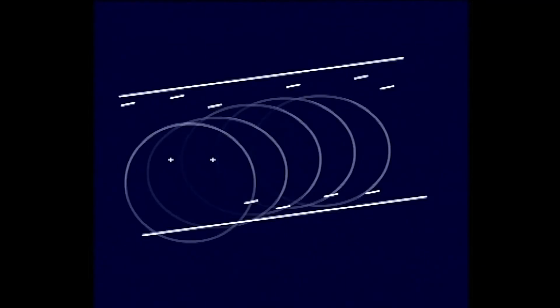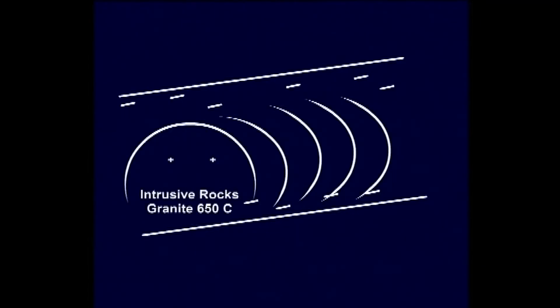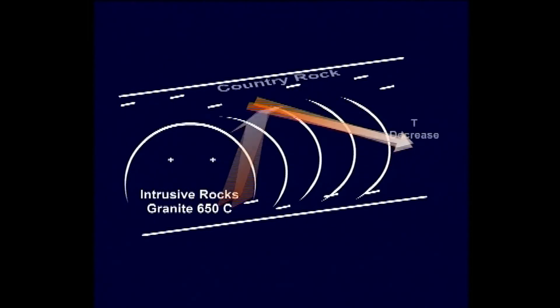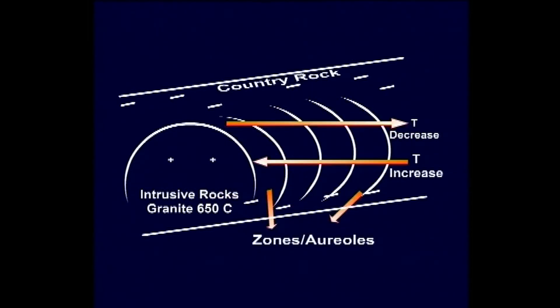Normally, around the intrusive rocks some sort of aureoles or zones develop. From the intrusive body towards the outer zones the heat energy is transmitted, and as you move towards the outer zones or aureoles, the temperature normally decreases, with mineralogical changes from the immediate contact up to the outer part.